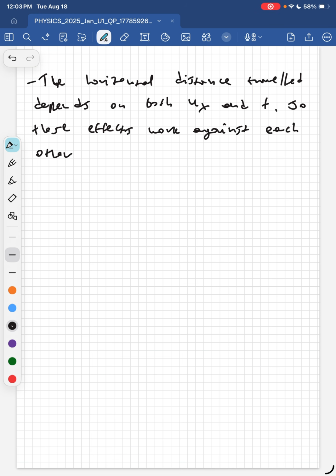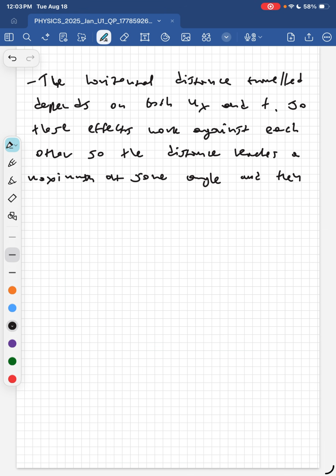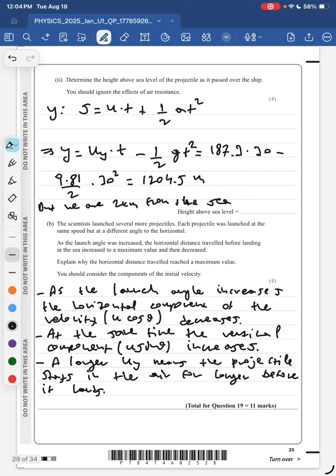So the distance reaches a maximum at some angle, and then it decreases rather than increasing indefinitely. So this goes back to this part.